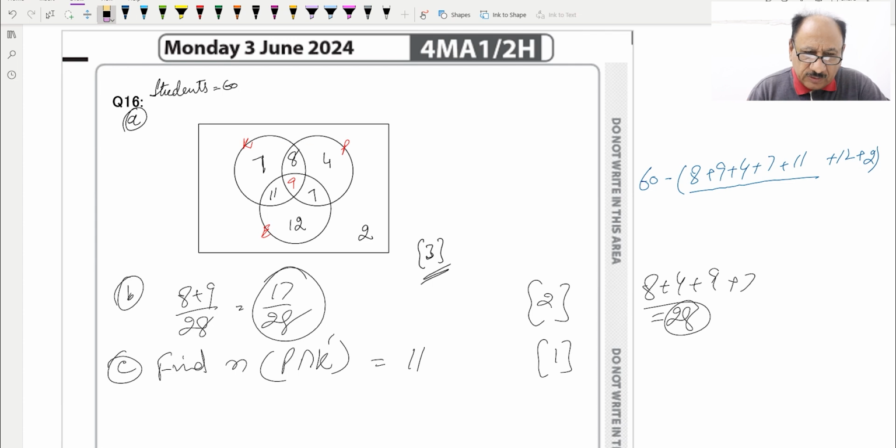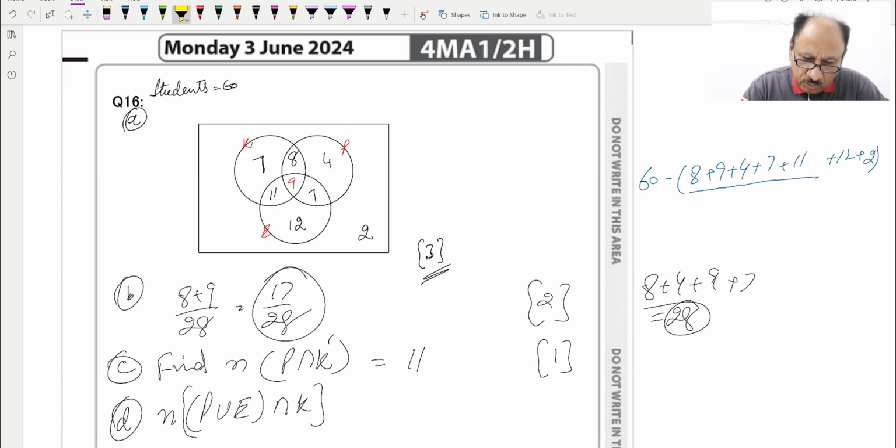Hopefully you understood this. Now we can go through D part, and D part says find n of P union E, and then intersection with K. First we'll have to take P union E. I will show you, P union E is this whole area, and then we have to check this union's intersection with K. So K is containing 8, 9 and 11.